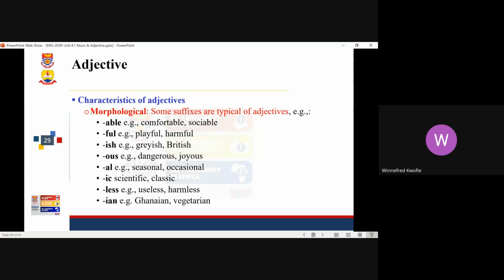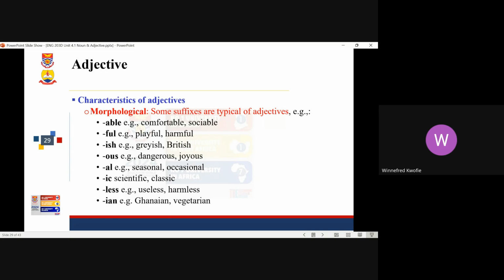Though there can be overlappings, those endings can also belong to other word classes depending on their contexts, but generally, most often, these endings or suffixes are typical of adjectives. So we have able, comfortable, sociable.